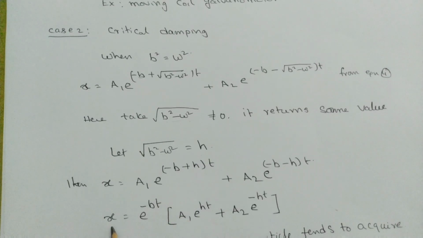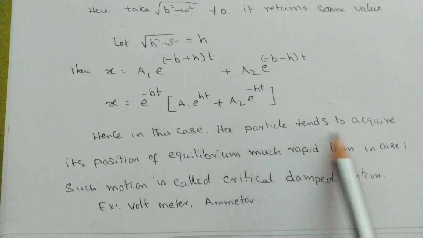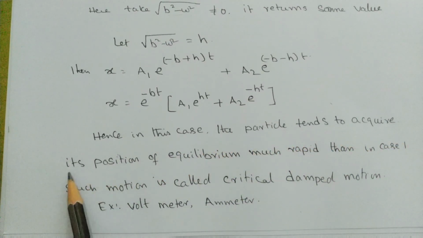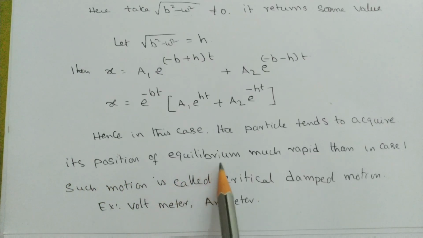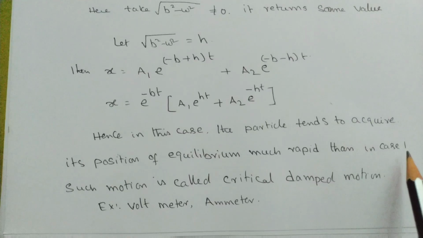Then the displacement x = e^(-bt) (a1 e^(ht) + a2 e^(-ht)). Hence in this case, the particle tends to acquire its position of equilibrium much more rapidly than in case 1.